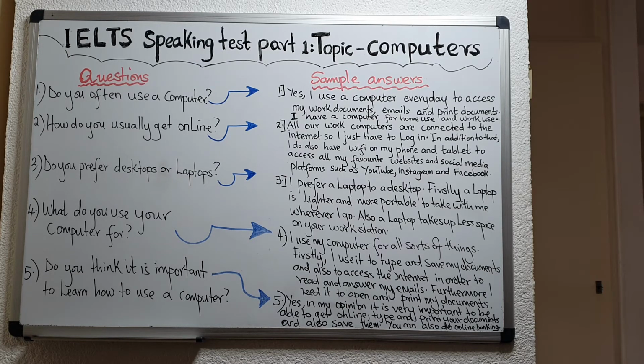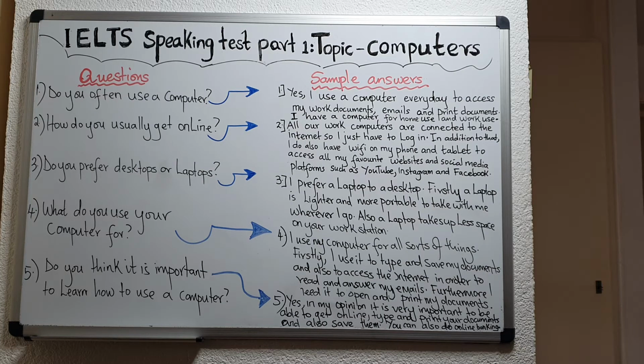So if I'm at work, then I have no problem connecting myself to the internet because all the computers have internet connection. In addition to that, I also have Wi-Fi on my phone and tablet, and that helps me to access all my favorite websites and social media platforms such as YouTube, Instagram, and Facebook.